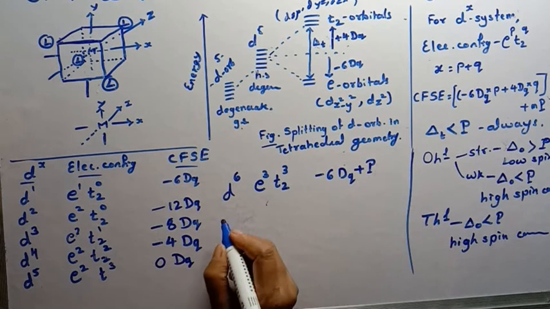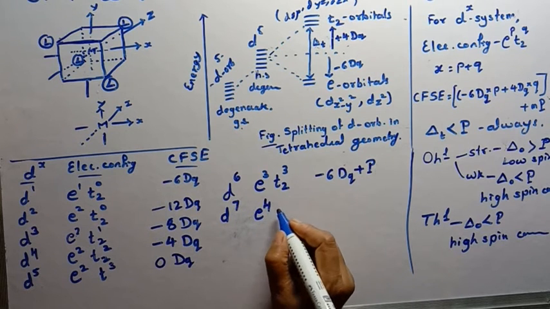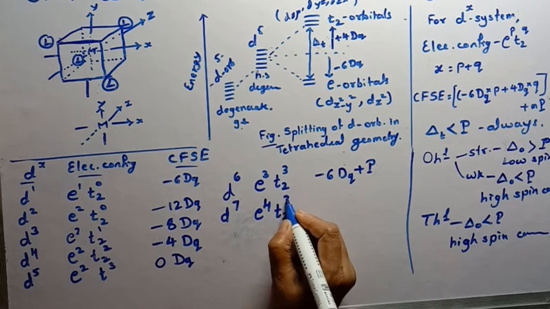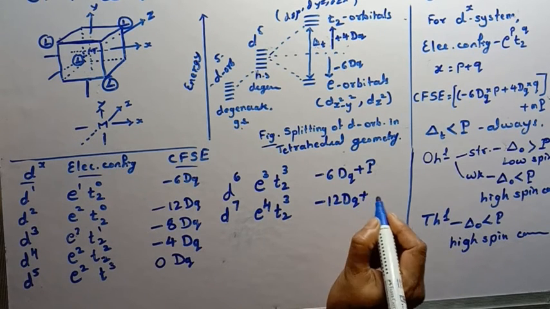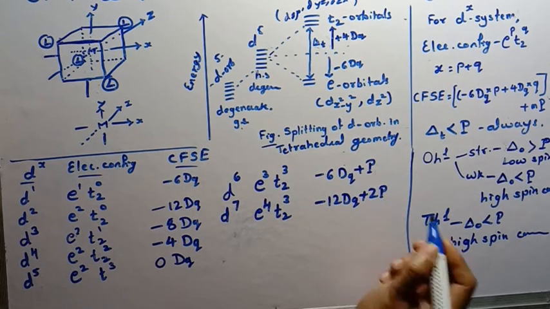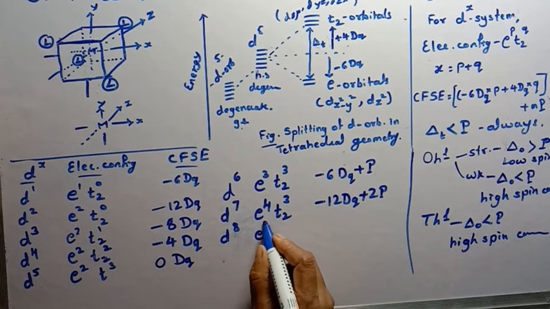Similarly d7, it also enters the lower energy, t2 3, and it is minus 12 Dq, and 2 are paired, that means 4 electrons are paired.